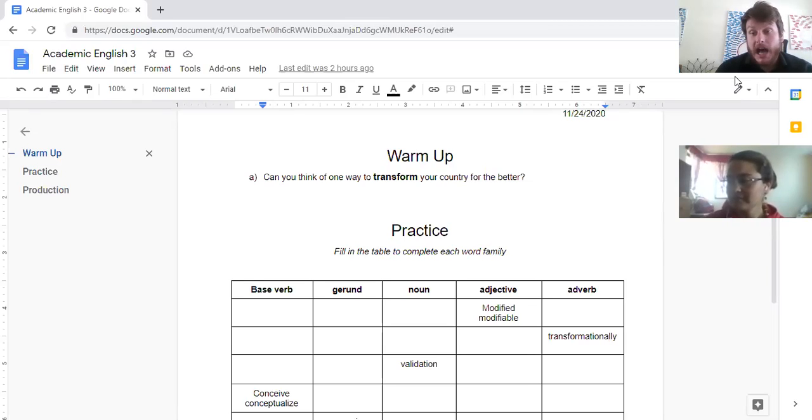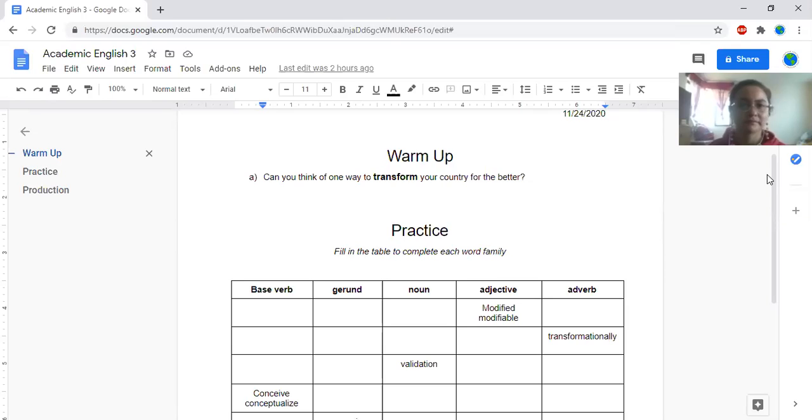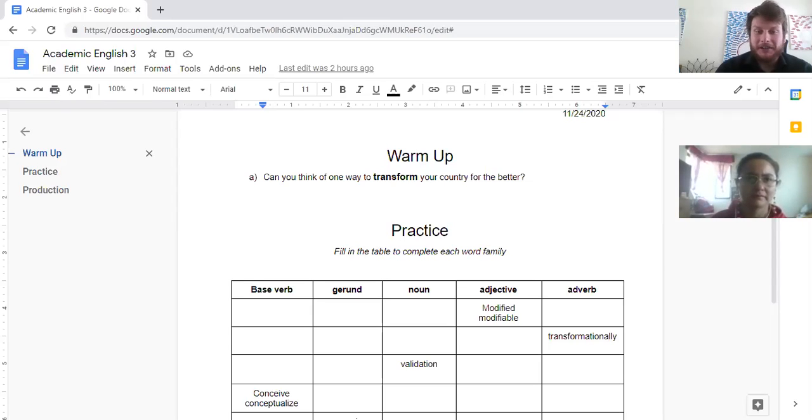So even if you're not at the upper intermediate or advanced level, that's fine. It's basically a vocabulary lesson, so you should be able to figure it out. But everyone in class right now is capable of doing this. So Jessica, you're up first.